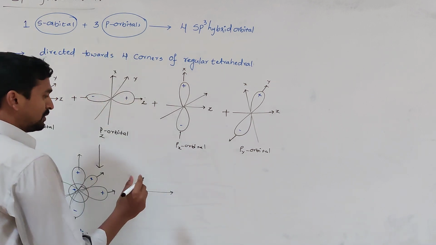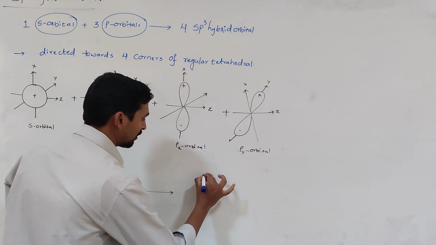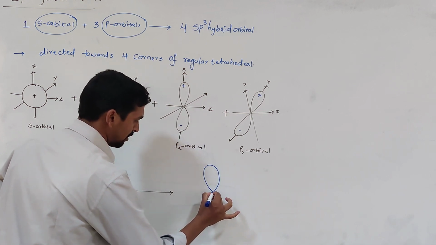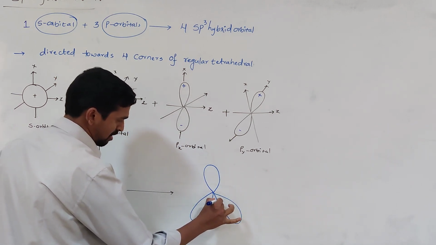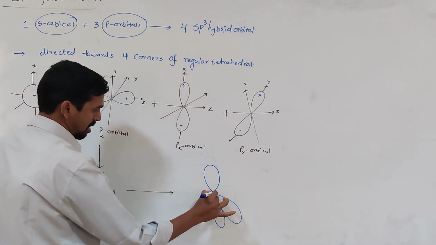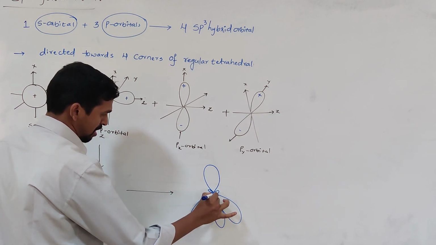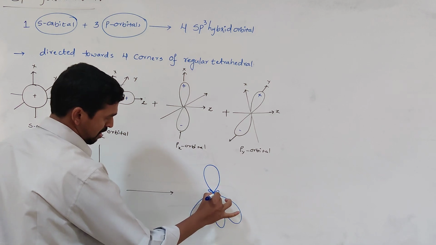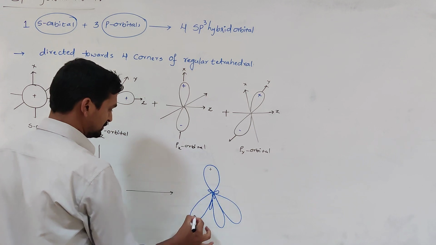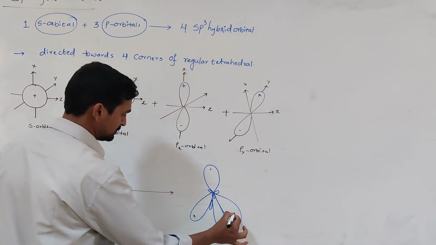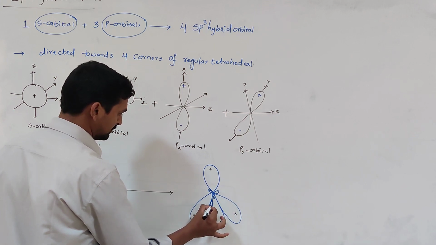So all the 4 sp3 hybrid orbitals, positive, positive and positive, positive, this is negative, negative, negative.